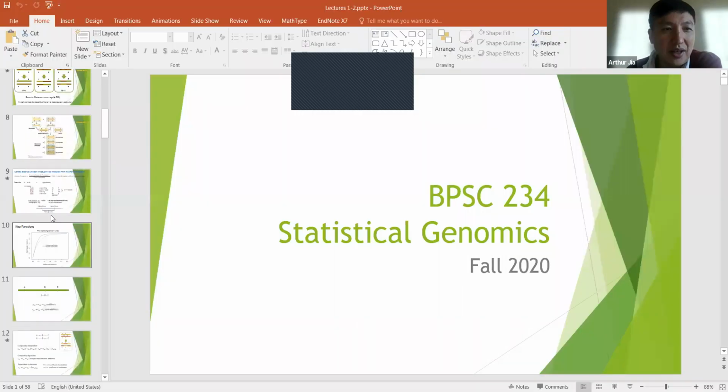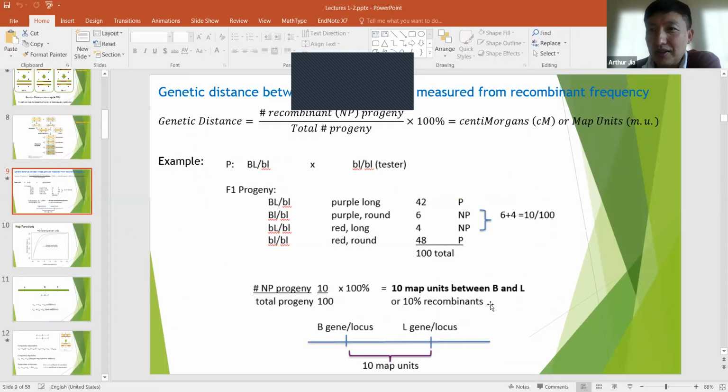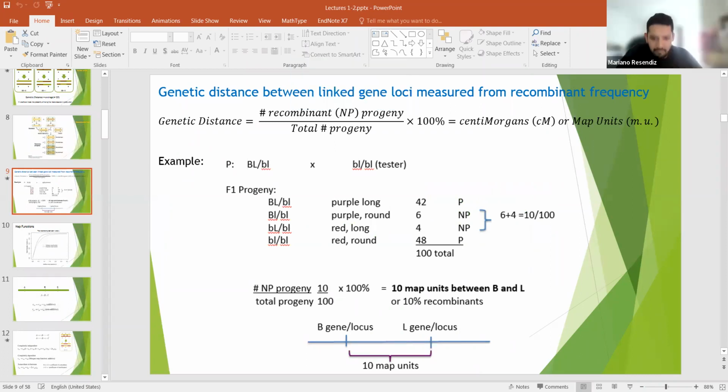I think chapter 1 and 2. Let me open this one. Okay, so this is how we calculate the genetic map distance between A and B, or B and L here, two genes, two loci.